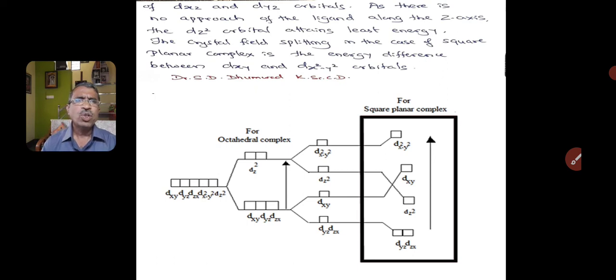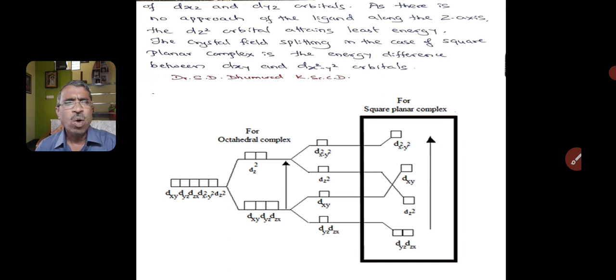Here I have shown the crystal field splitting in square planar complexes as well as in tetragonal complexes. So the eg orbitals further split into two, that is the dx²-y² orbital having higher energy and dz² orbital having lower energy.